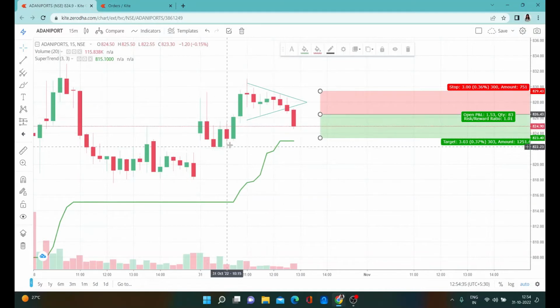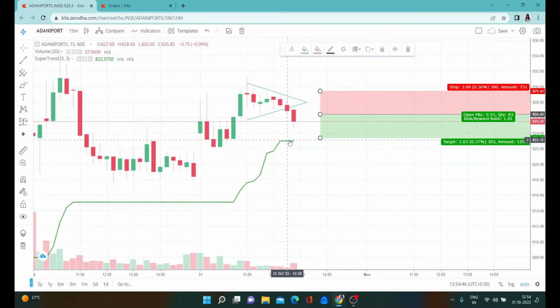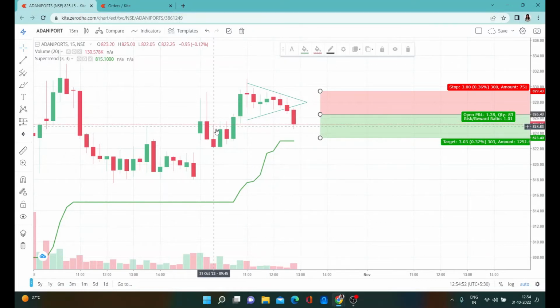If you observe this, you can place this target at 822.4 as well. But since I've used the super trend, and the super trend says that there is some kind of pressure at this level with respect to the 15-minute chart, I've placed my target at 823.4, just above the super trend, to be on the safe side.